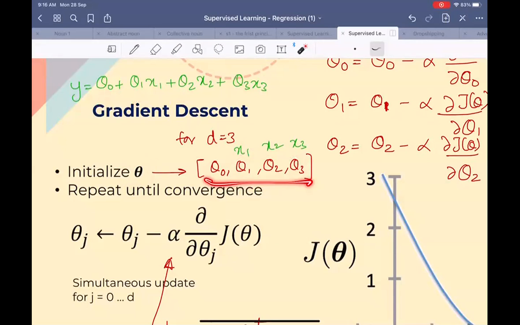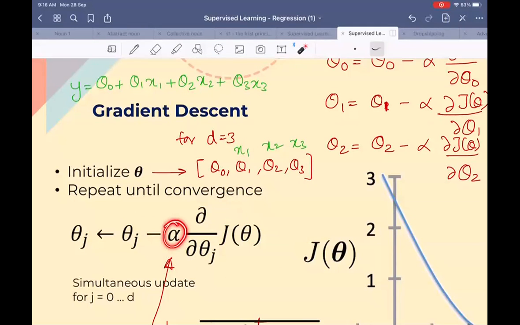Now, if we start with random values, we need a way of updating these random values so that these values of theta come to the right value of theta so that our model fits best. So we have one strategy. We'll say that we will update the value of theta by this formula. We'll take the old value of theta and subtract this term from it. This term can be divided in two parts.